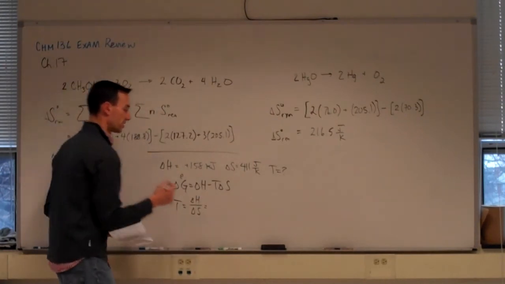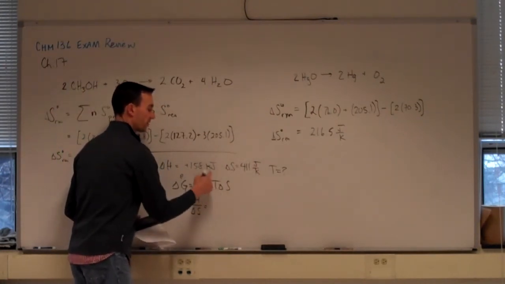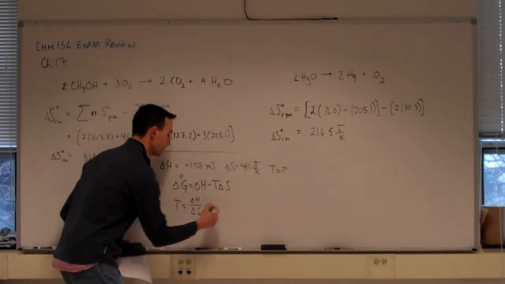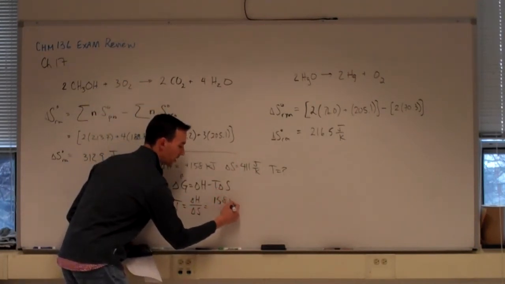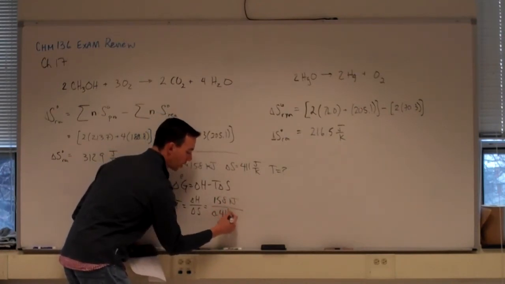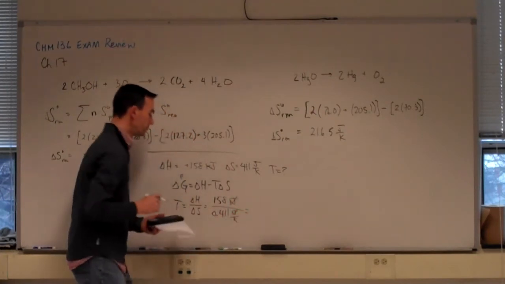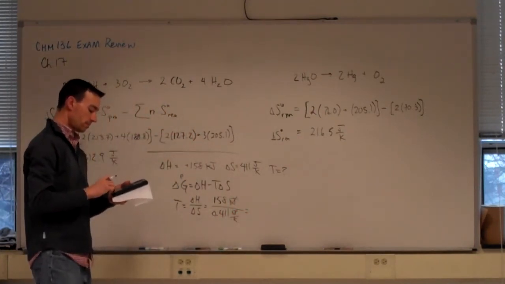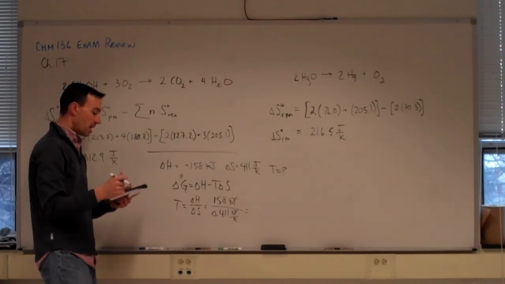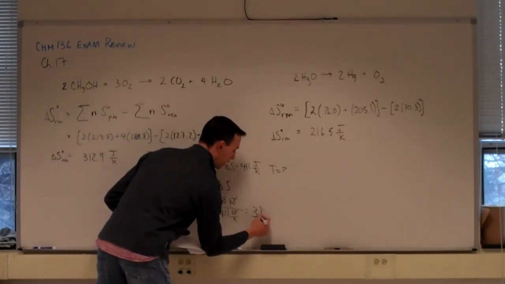by delta S. Now H and S have slightly different unit sets, kilojoules and joules, with respect to energy at least. So we have to match those up, 158 kilojoules divided by 0.411 kilojoules per Kelvin. Okay, we get a transition temperature of 384 Kelvin.